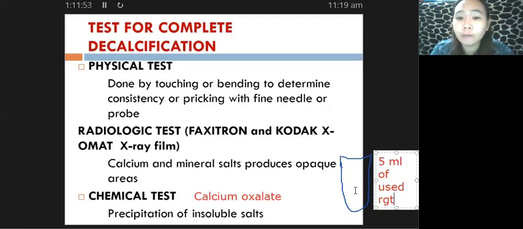Upon the addition of your blue litmus paper to your 5 ml used reagent, your blue litmus paper will become red. If you utilize red litmus paper, of course, it will remain red because the reagent that is utilized is an acid. So in order to know that alkalinization is complete, the red color of your litmus paper should turn blue. Once your litmus paper turns blue, then your alkalinization is complete.